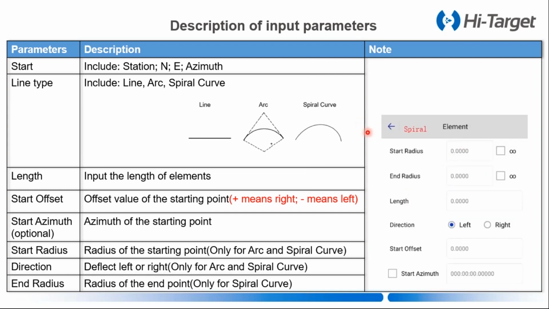For the spiral curve, we input the radius, the length, and direction. You may see the start offset here. If the road line is continuous, that means we just keep the start offset as 0. And start azimuth is optional.